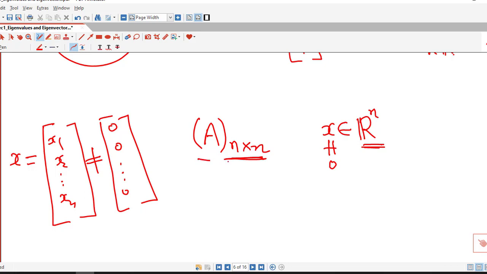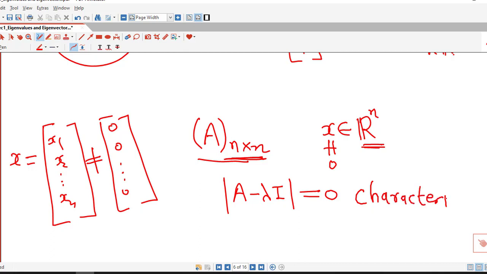Now to find out eigenvalues of this square matrix A, the first step is we will find out solutions of the characteristic equation. So we will solve this equation, determinant of A minus lambda I equal to 0, known as characteristic equation of a given matrix.